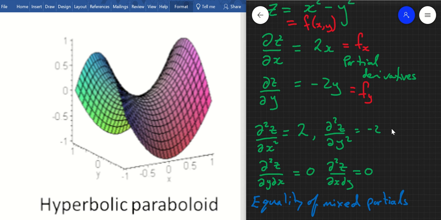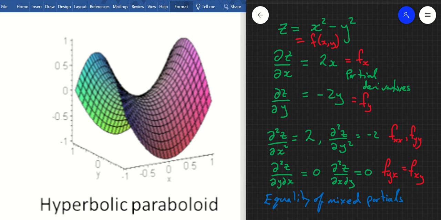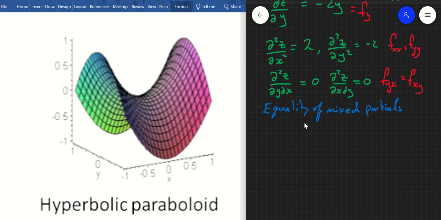For second order derivatives, we'd have fxx, fyy for these two. That's second derivative with respect to x only, second derivative with respect to y only. And then for the mixed partials, for the first one, that would be fyx, and for the second one, that would be fxy. And we'd have our equality of mixed partials expressed that way.